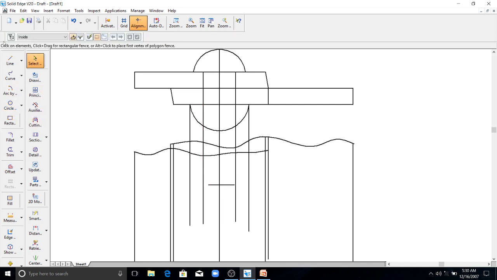I think it is not proper in the dimensions. Center it is not taking proper.